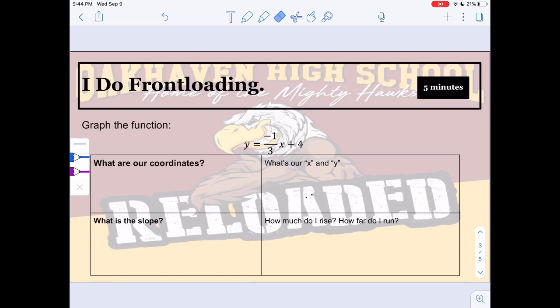Now we're going to try graphing this equation. Again, this equation is set up in slope-intercept form. So that means I can easily identify that that's my slope and that 4 is my y-intercept. That means one of my coordinates is (0, 4).